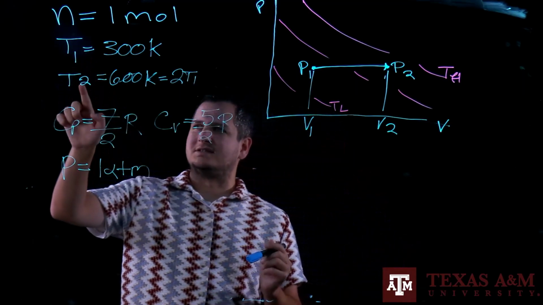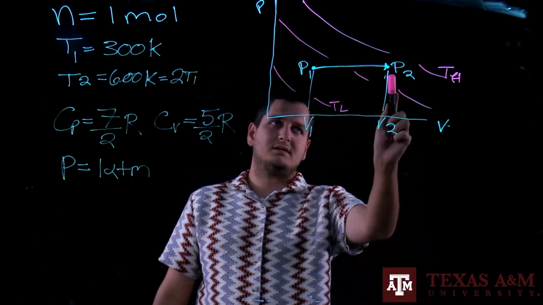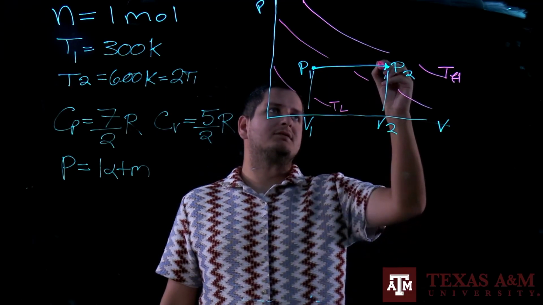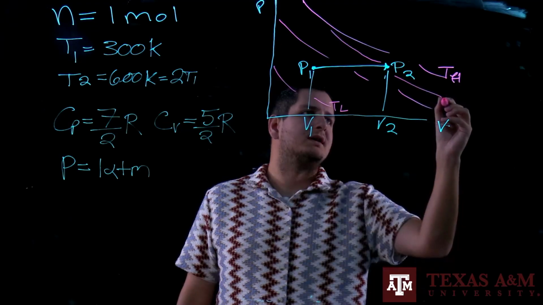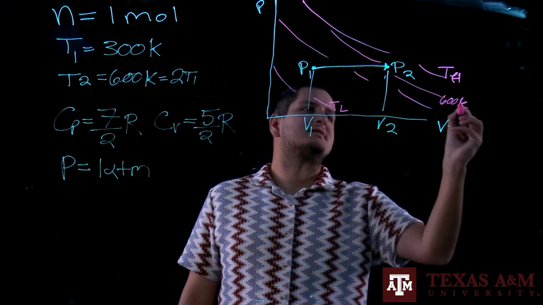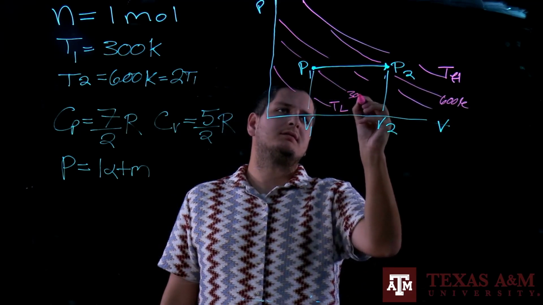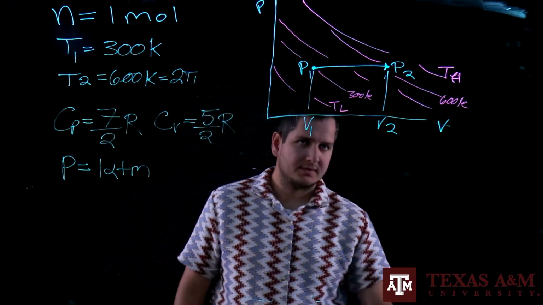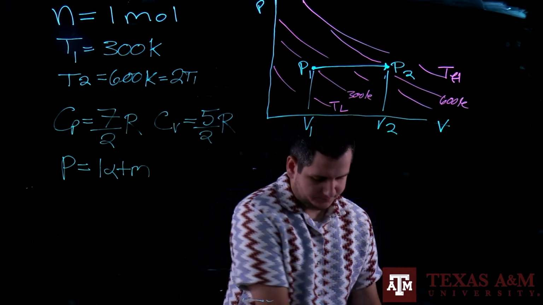We know temperature increases, so we know that this is higher, and this is lower. So I could even say that this isotherm right here is the 600K, this isotherm is the 300K, qualitatively. Okay, now we can get started.